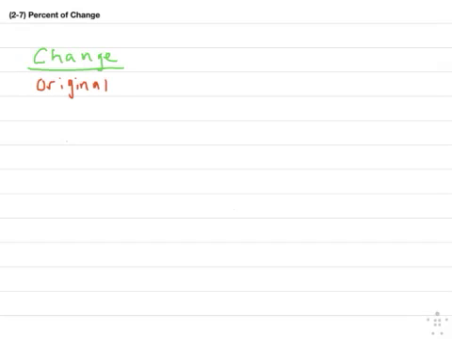And the percent part, we simply are going to show this relationship as some number or some percent, some number out of 100. We're maintaining this relationship and then showing that relationship out of 100. And that's what a percent actually is anyway, right?